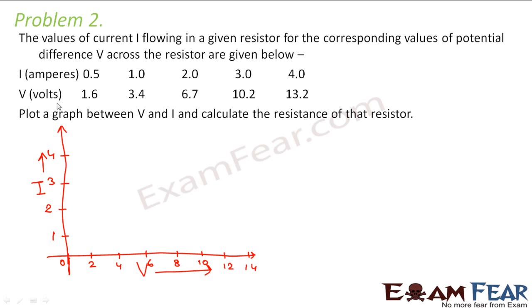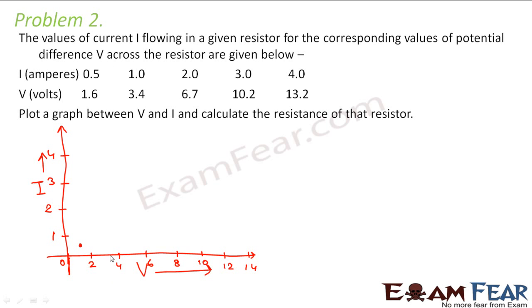So the first value of voltage is given as 1.6. So 1.6 would be somewhere here, and for a value of 1.6 the amount of current is 0.5. So 0.5 will be somewhere here and 1.6 will be somewhere here. So this is the point.